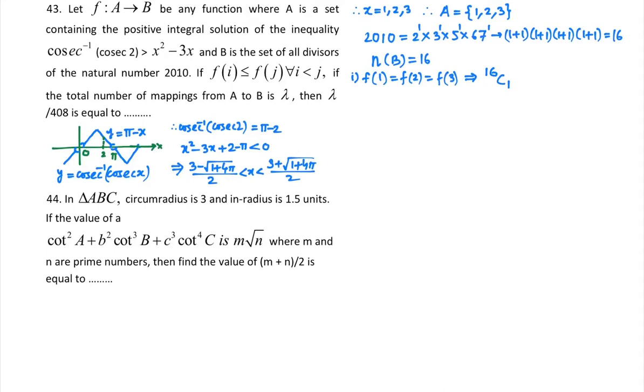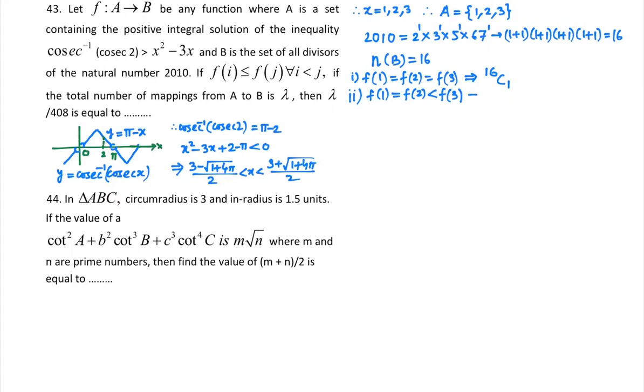Then second part, similarly we can take F1 equal to F2 possible, but F2 is less than F3. That means I have to choose only two numbers from those 16 numbers, and one number can be repeated for F1 and F2 and another number can be kept for F3, depending upon the order.